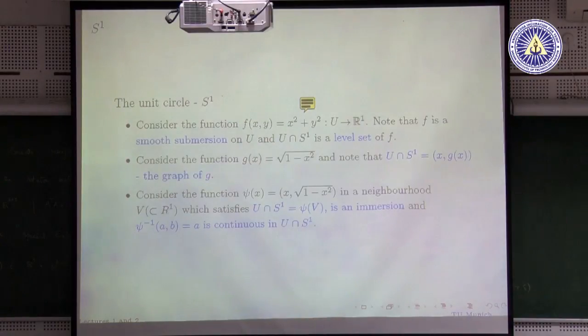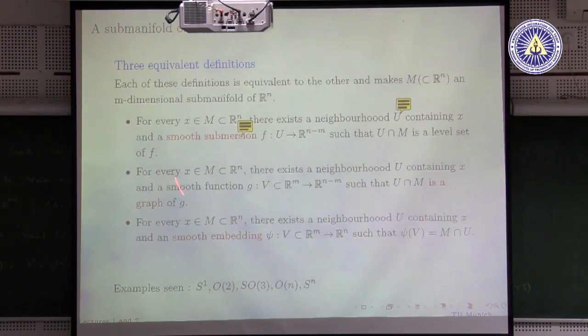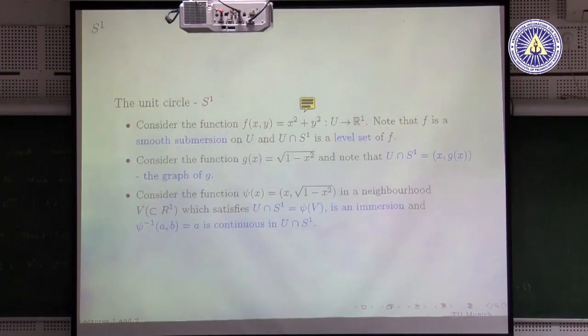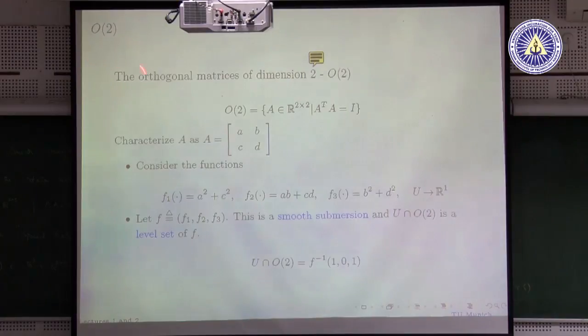Now, let us run through these. Unit circle. You do not need this, you just need the first. Remember, I said just use the first definition, these are all equivalent. We did this.